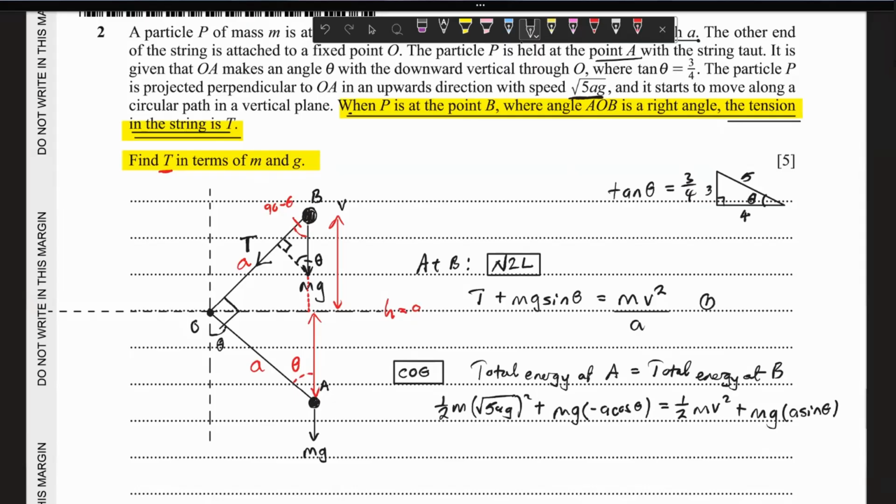All right, so I'll simplify this. Simplifying this part, we will get 5 over 2 mga, and this becomes minus mga cos theta.